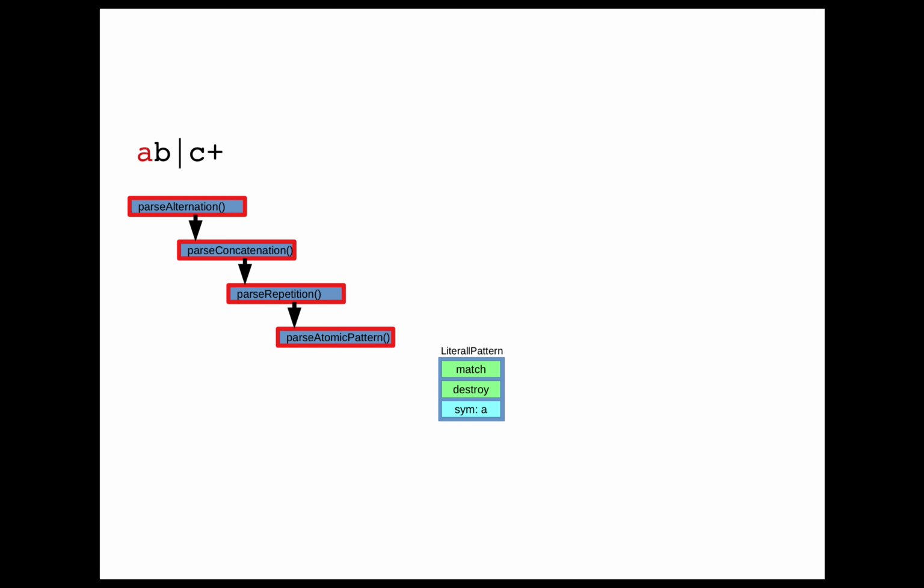So parse atomic pattern is going to go ahead and instantiate a literal pattern object, and I showed that over here. We finally got to part of the expression that we can go ahead and parse. When it makes that literal pattern, that's going to be an object whose job it is to match that letter A at the start of the pattern.